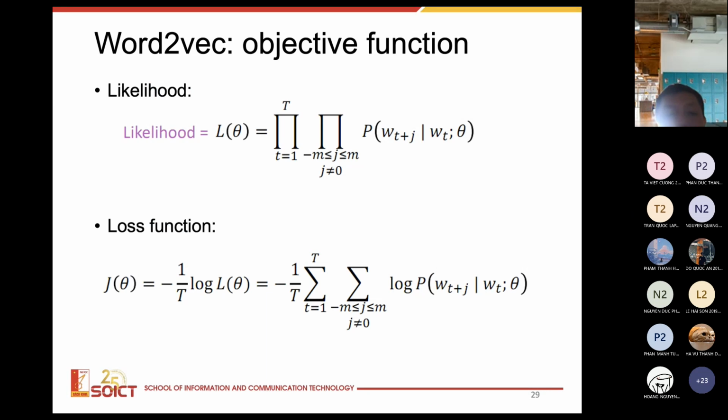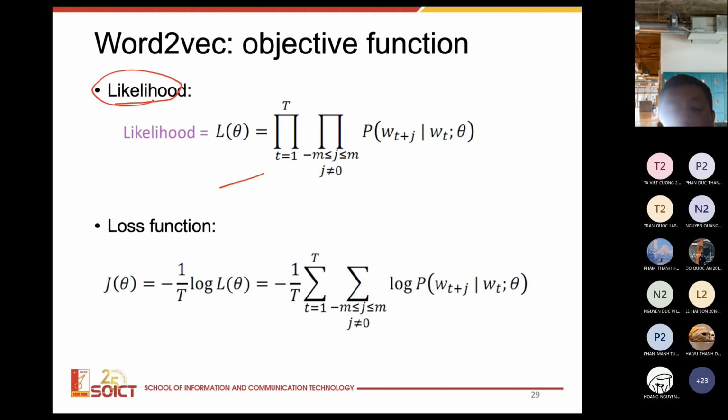Here is the objective function of the word2vec approach. This is the likelihood function, calculated as simply as this formula.